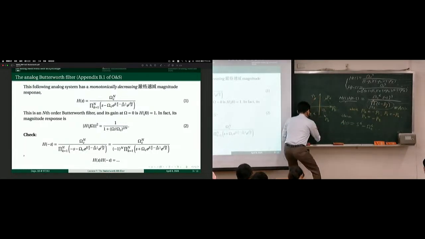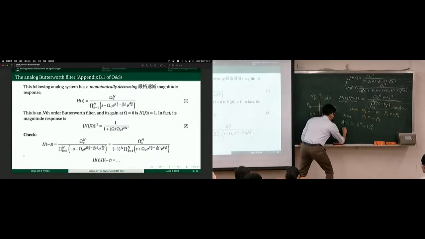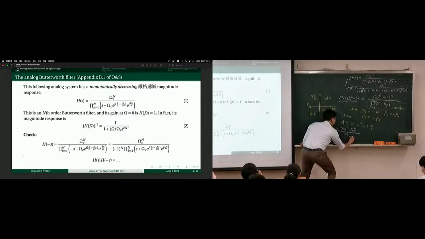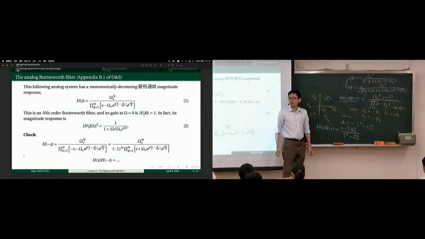So, therefore, now, H(s)H(-s) equals a constant divided by S to the 6th, so that greatly simplifies our business right here. Okay?